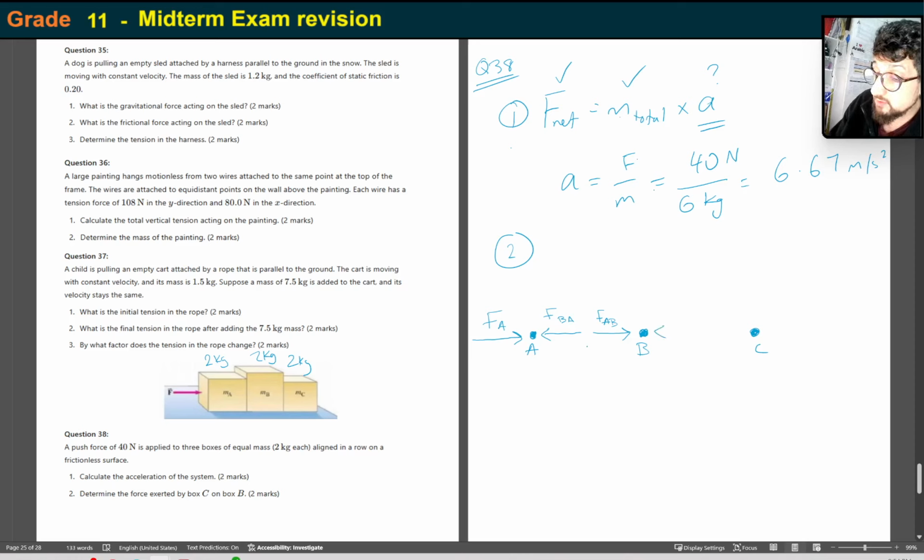And then over here, we've got another force, force C acting on B, and then force B acting on C. Those are the forces happening here.